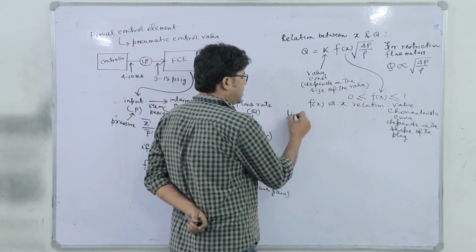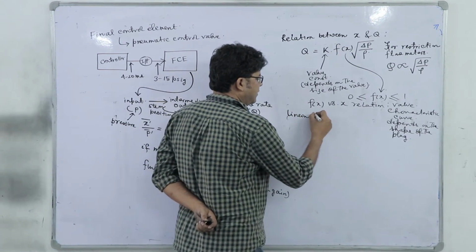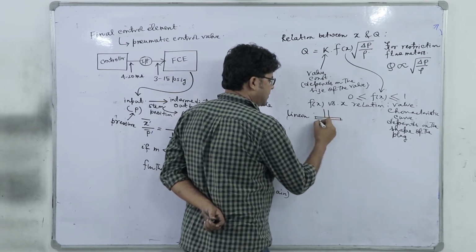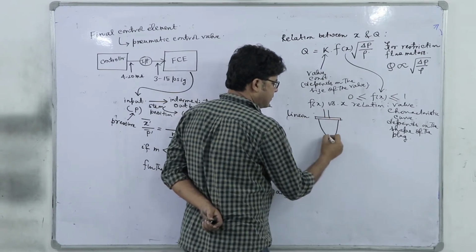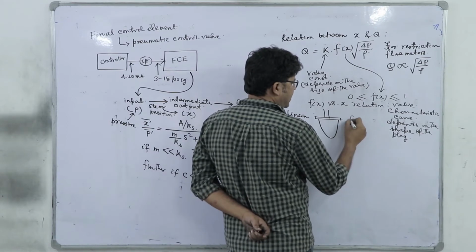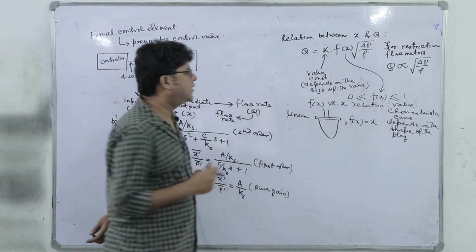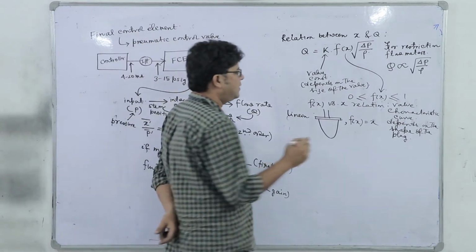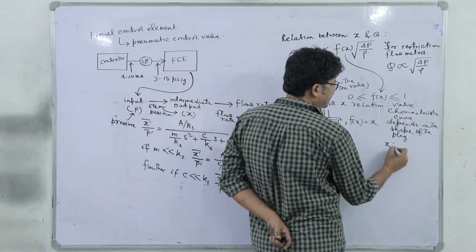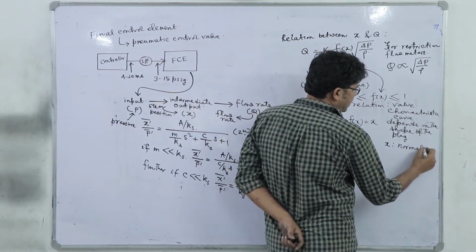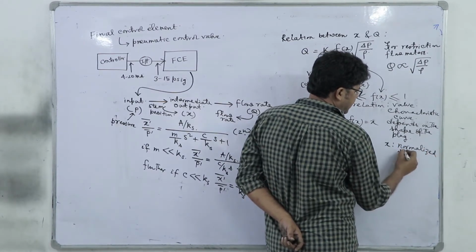Like we can have a linear valve where the plug looks like this, where f(x) is simply x, and x also is normalized. What is x? X is not the direct stem position; here it is the normalized stem position.